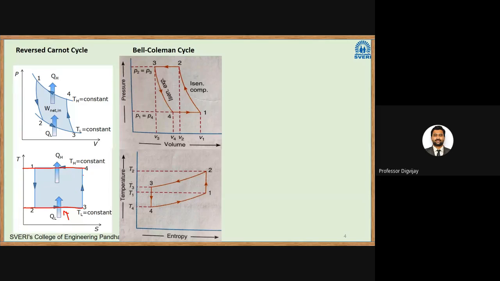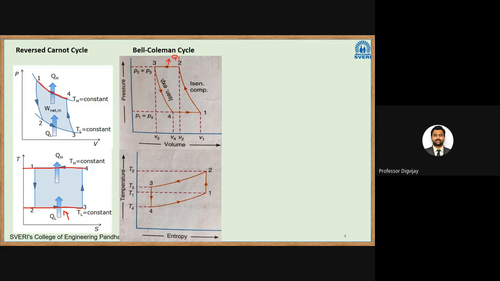So see here, this 1 to 4 process is now a constant pressure process. The pressure remains constant during heat rejection.